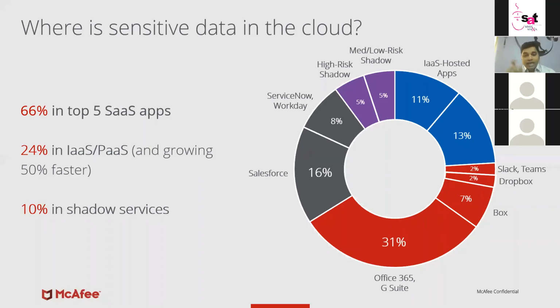And there is still 10% left, which goes to unsanctioned cloud applications, or I would call them shadow services, because they are not procured or sanctioned by the organization, but they are still being used by employees or users.